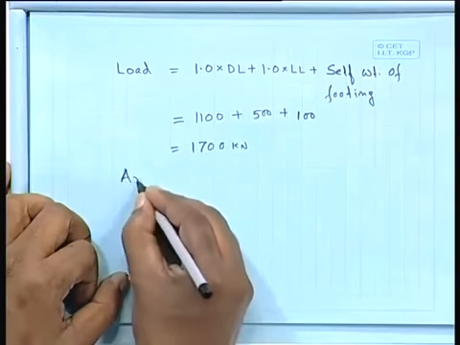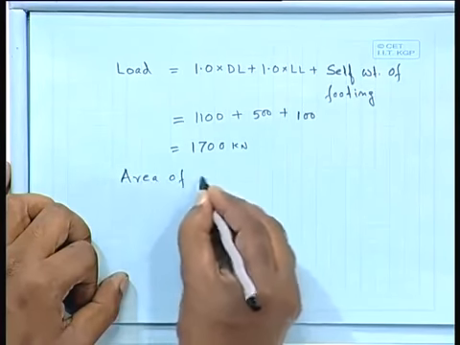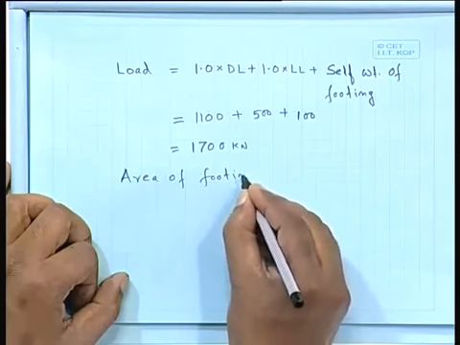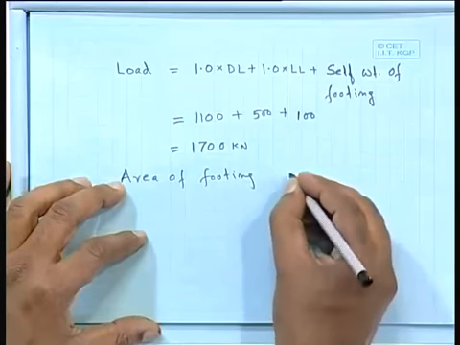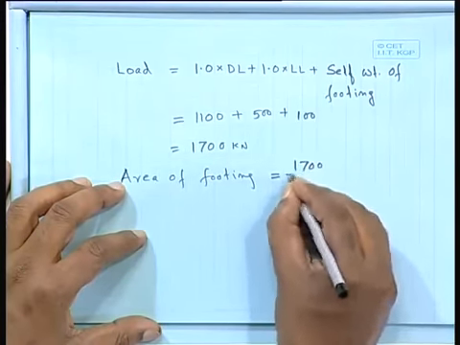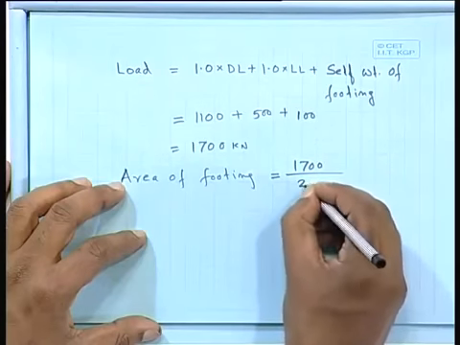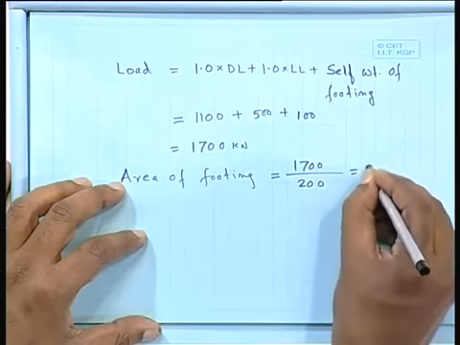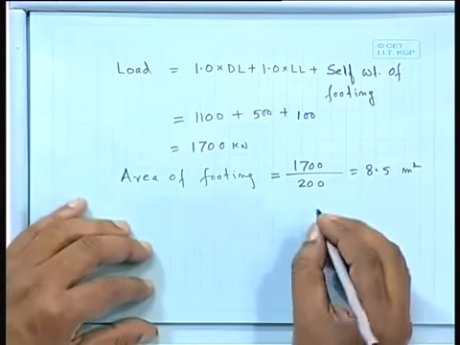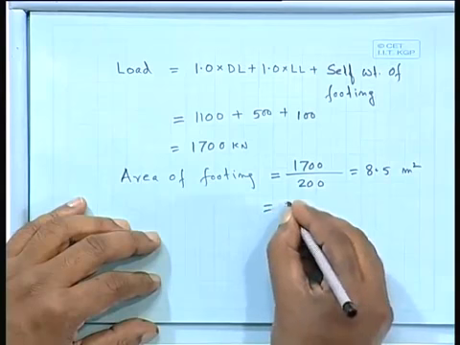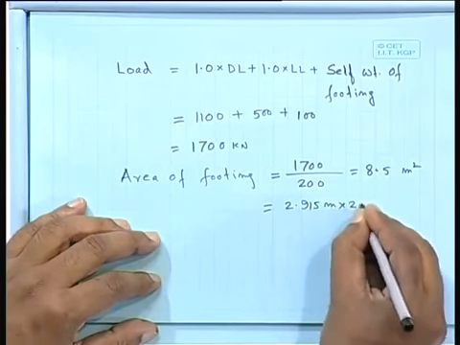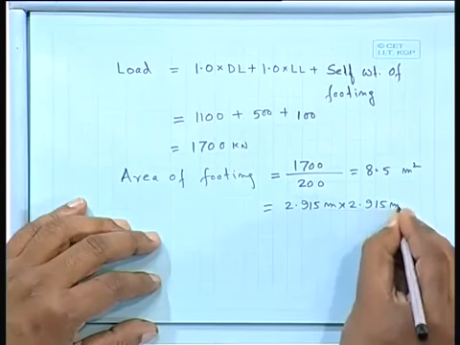Area of footing equals 1700 divided by 200, which is coming as 8.5 square meter, equal to 2.915 meter into 2.915 meter.